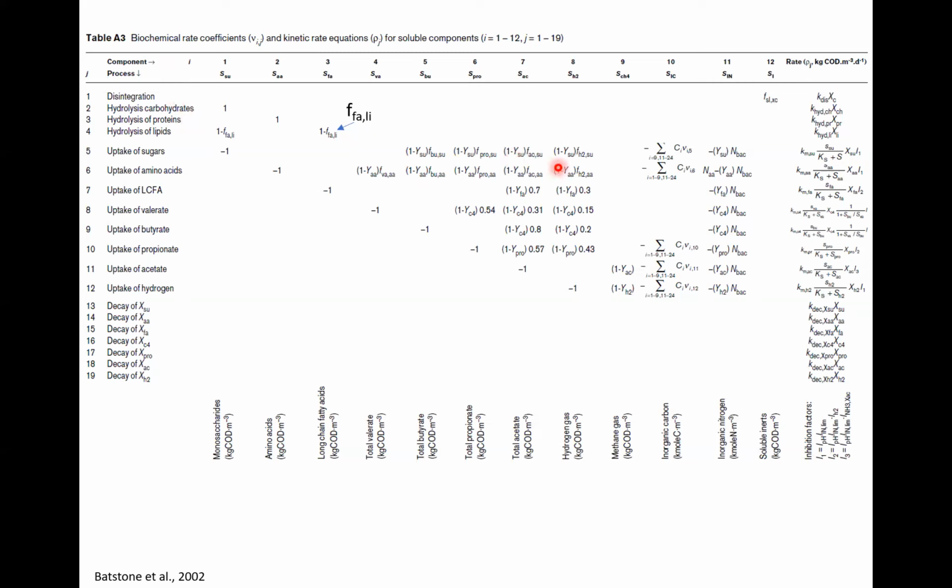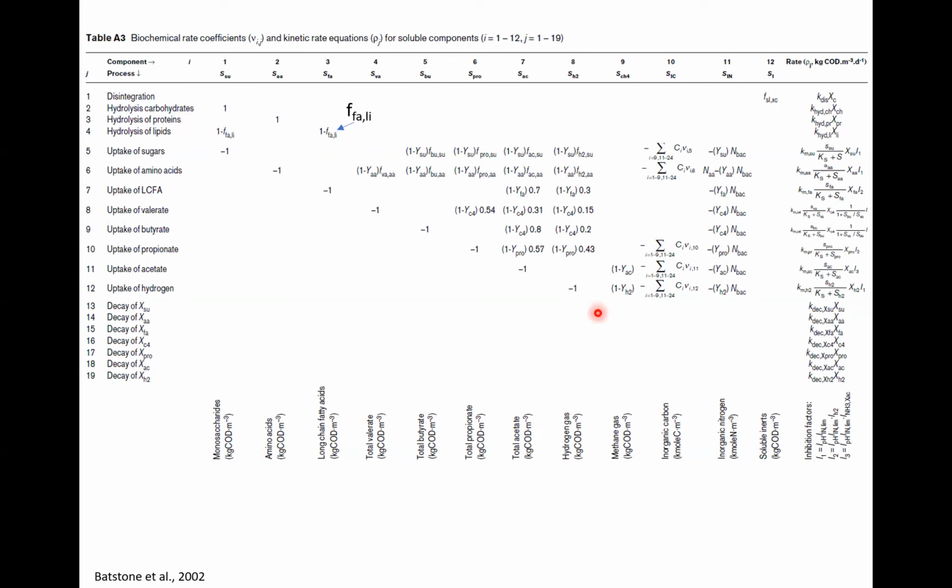And then we have the components here, 1 to 12, ranging from monosaccharides, amino acids, and long chain fatty acids. So S_su is monosaccharide, S_aa is the amino acids, and S_fa is long chain fatty acids.